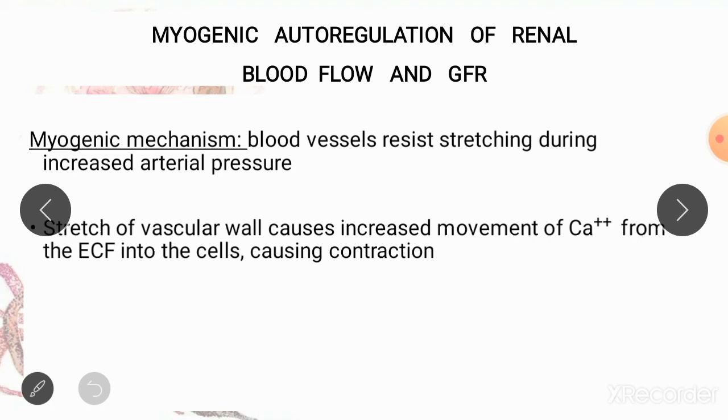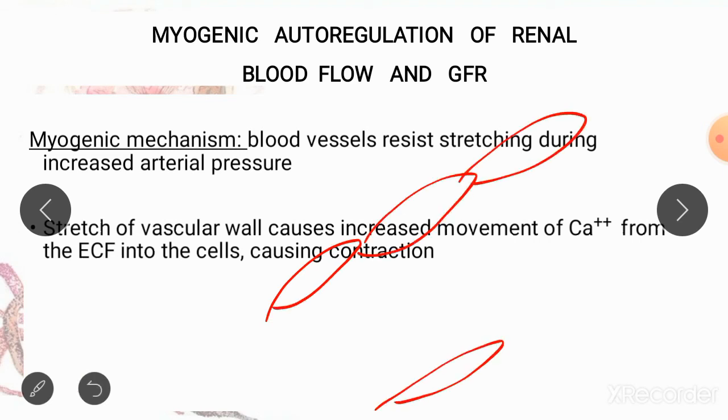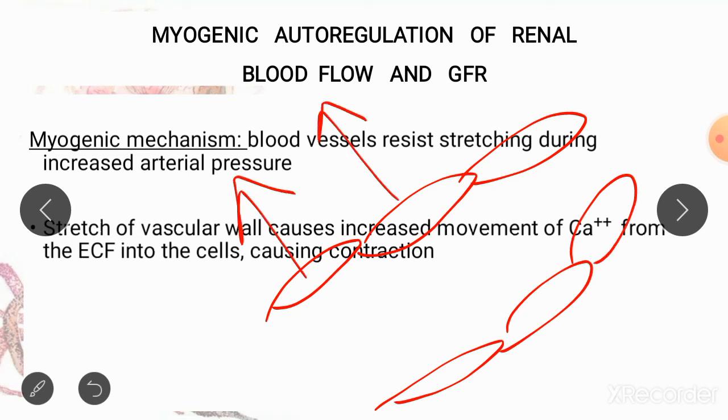Why is that? Because the renal artery vessel wall is made up of smooth muscle cells, and whenever these smooth muscle cells are stretched because of increased blood pressure, there is going to be excess entry of calcium into these cells, because they have special calcium channels on their surface.